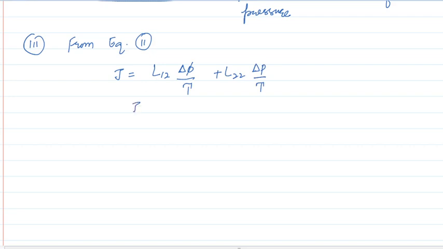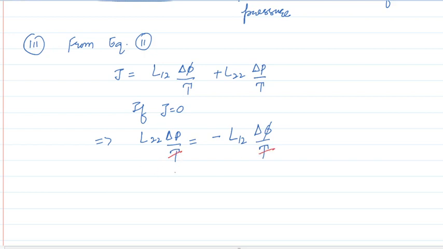Now we will define the third one, which is called electro-osmotic pressure. From equation 11 we have this flow of matter J equal to L12 delta phi upon T plus L22 delta P upon T. If now this flow of matter J is equal to 0, it will imply that L22 delta P upon T will be equal to negative of L12 delta phi upon T. Here clearly you can see T and T will cancel.